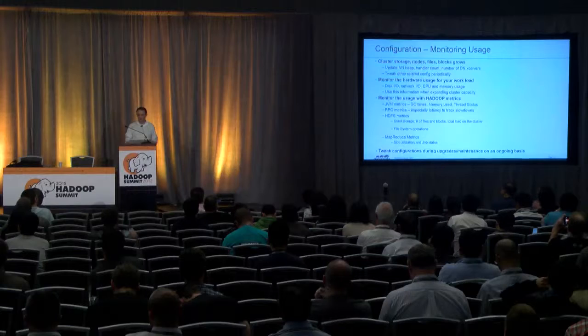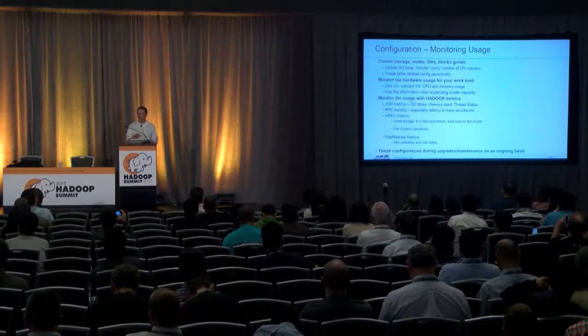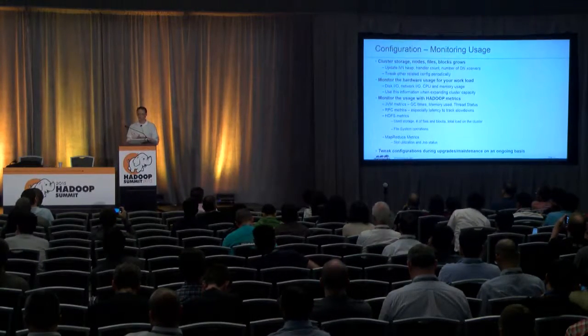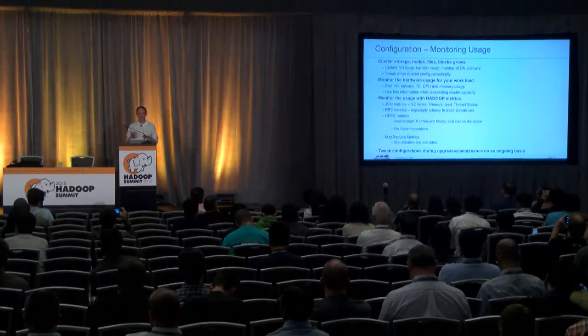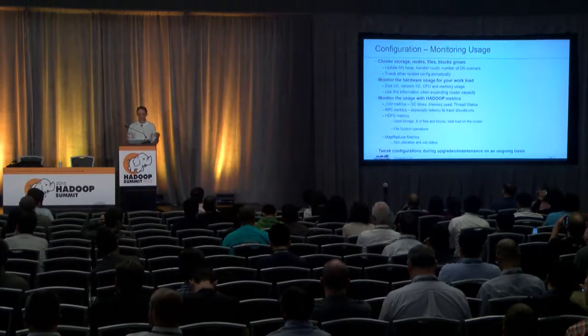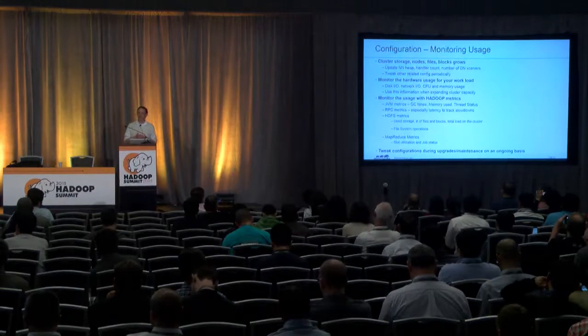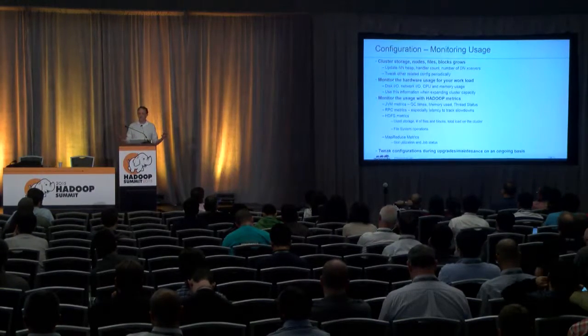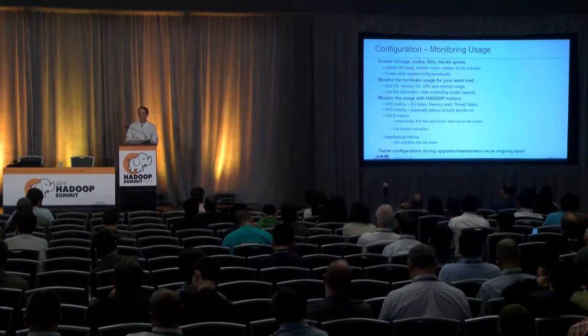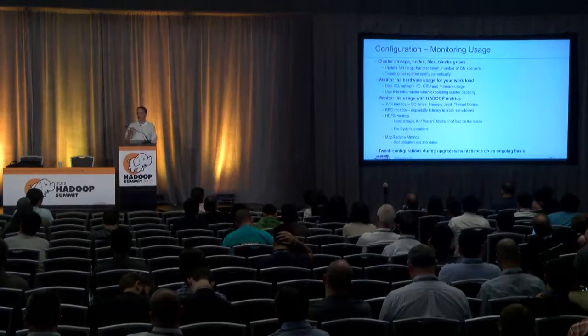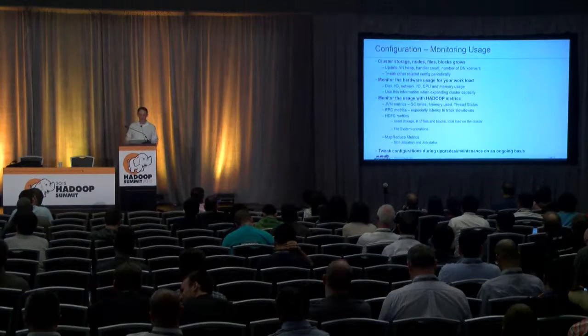Some things to watch out for are cluster storage, the number of nodes, the number of files in the namespace, and the number of blocks in those files. As those factors all grow, there will be a tendency for the name node to need more heap to store that information.